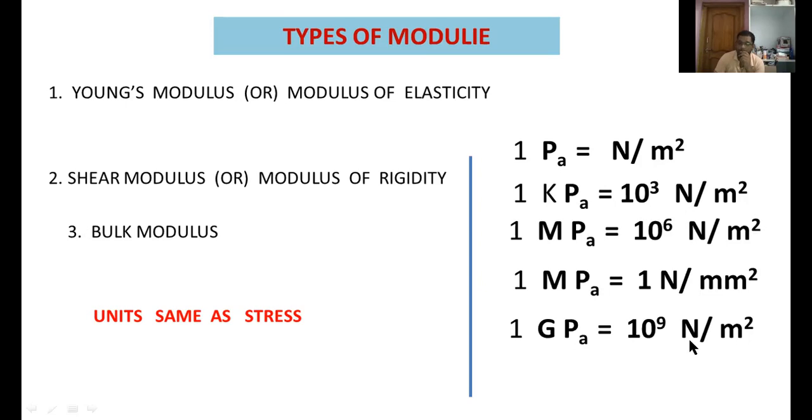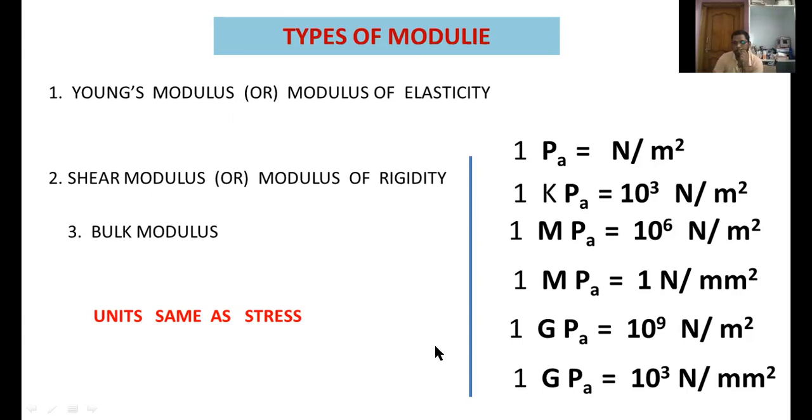Converting to mm, 1 gigapascal equals 10 power 3 Newton per mm square. These are the units for Young's modulus, shear modulus, bulk modulus, and stress.